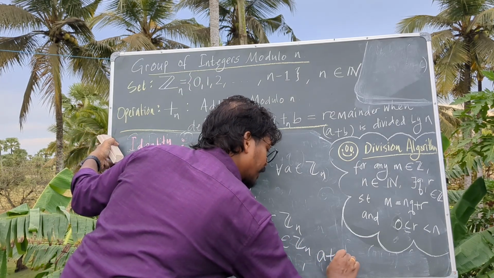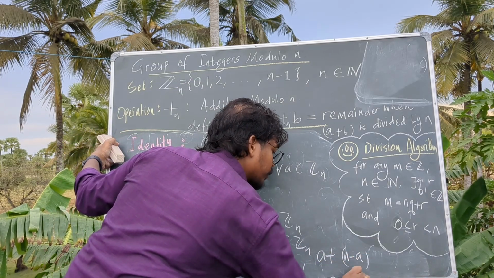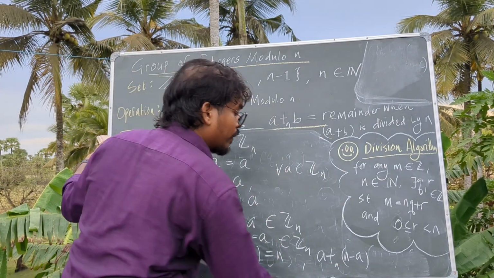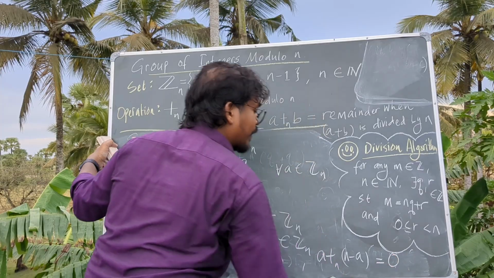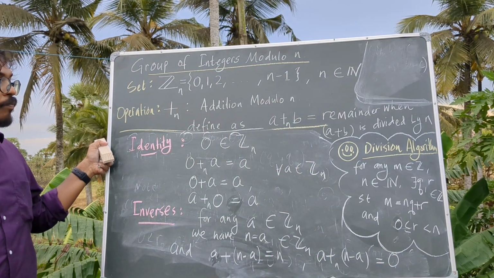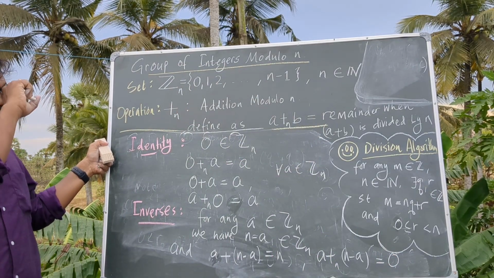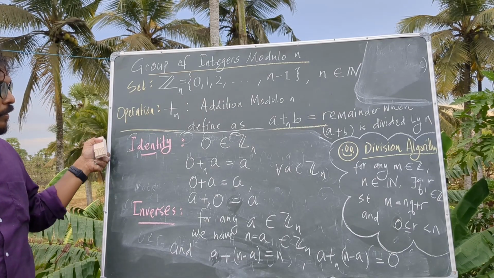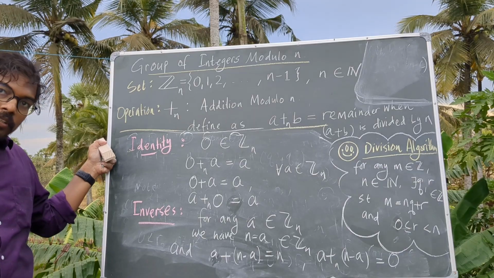So A, when operated with n minus A under the operation addition modulo n, gives our identity 0. Hence every element of this set has inverses, and we are done.